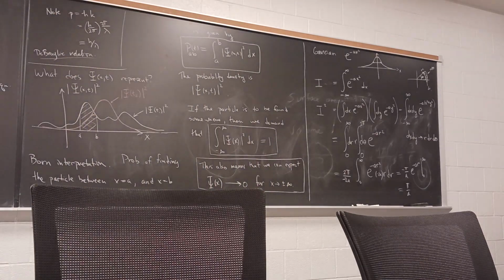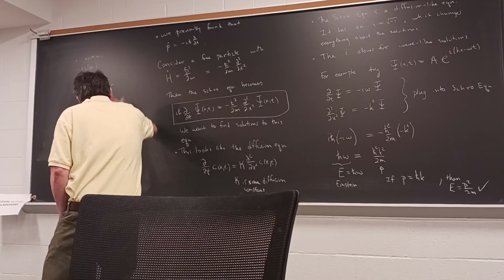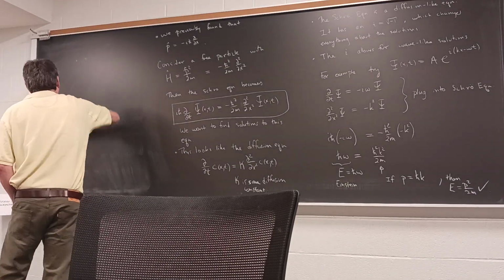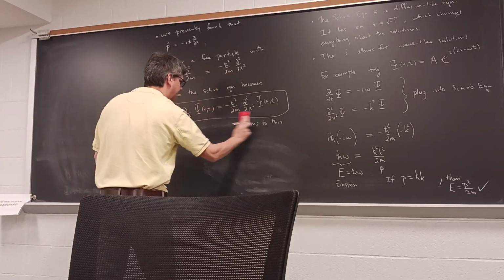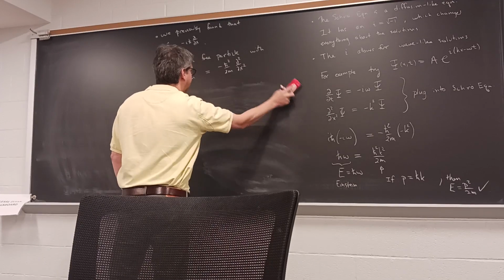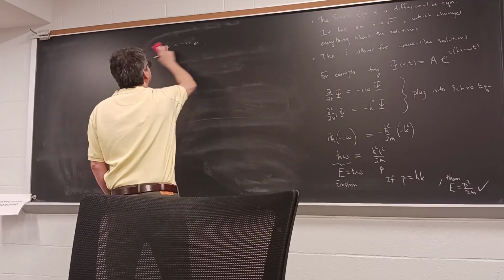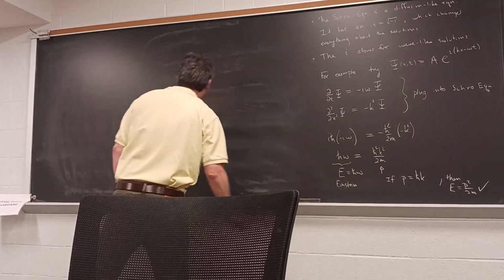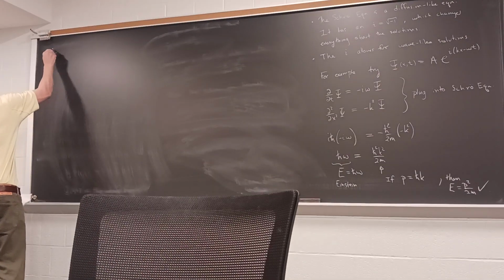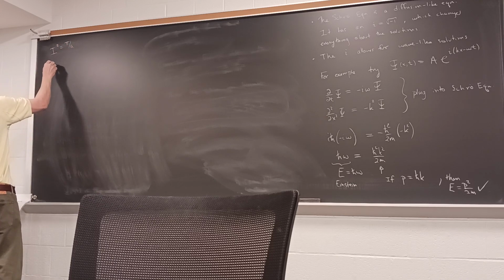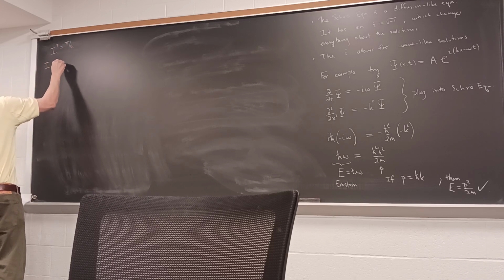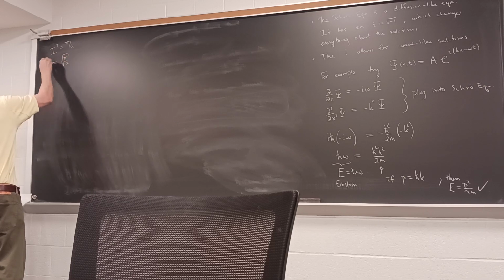So we have I squared is pi over a, so I is equal to the square root of pi over a.